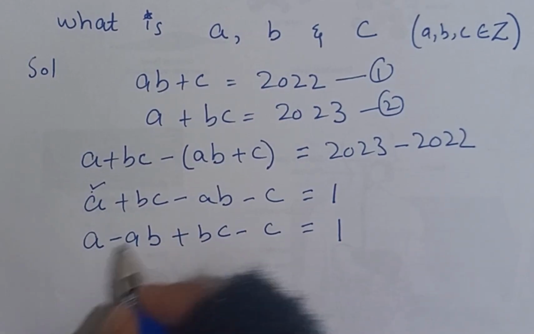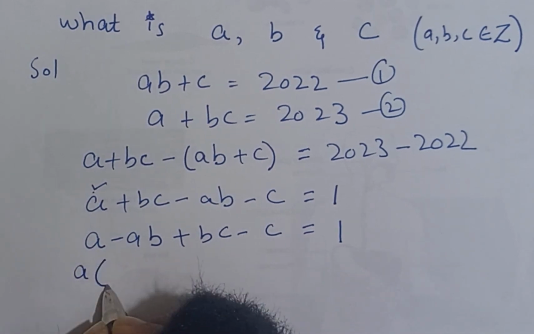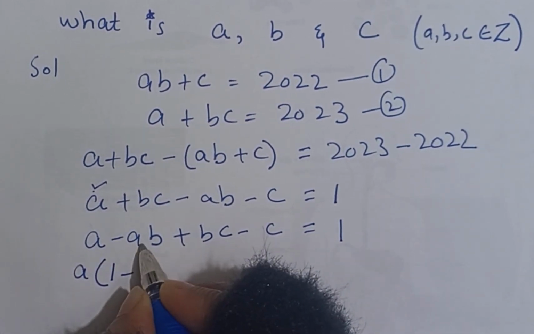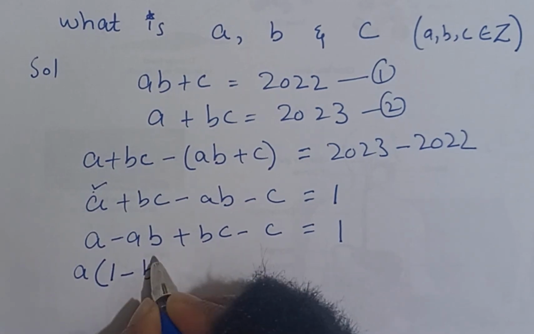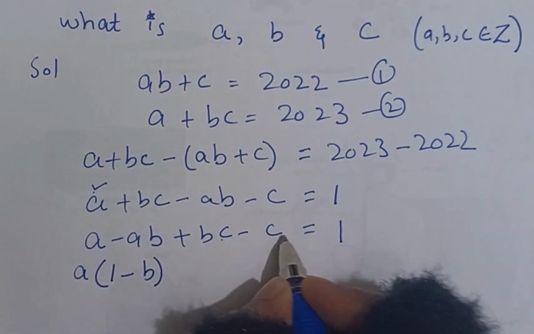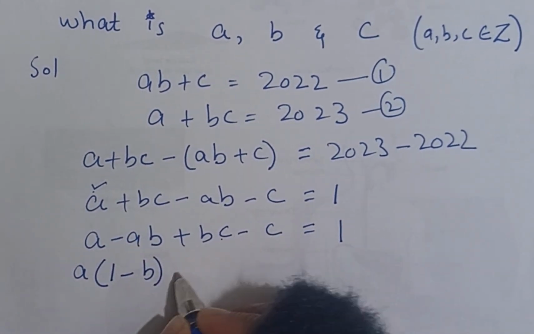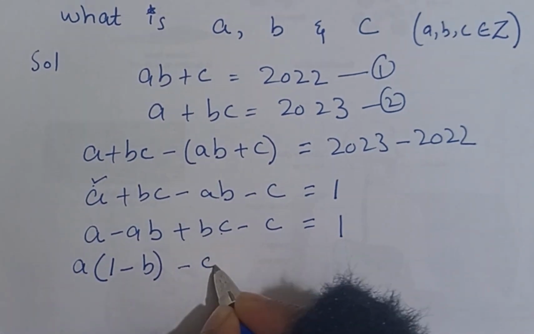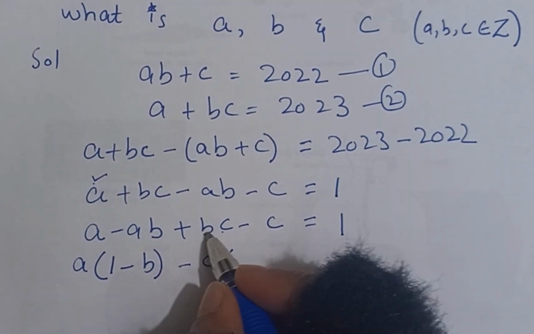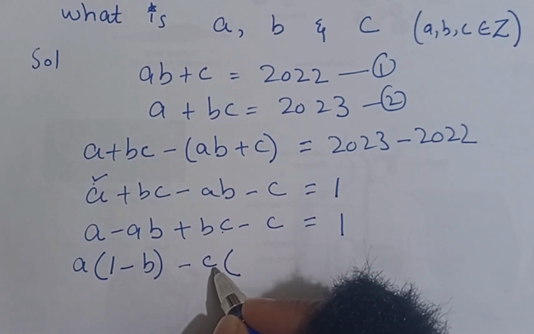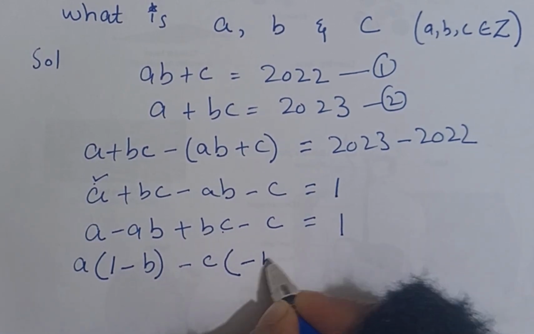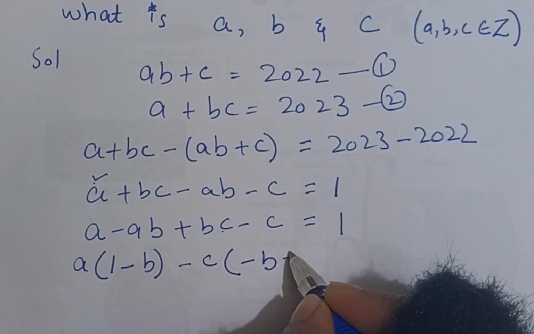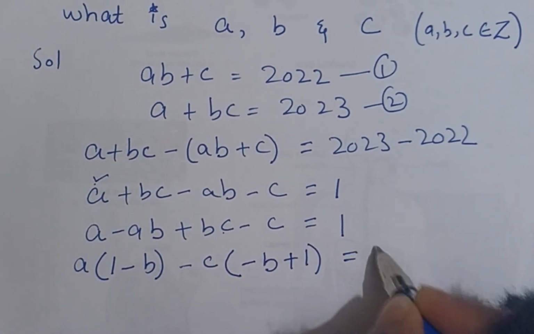So in these two terms we take a common A: dividing A by A, we get 1, minus dividing AB by A, we get B. In these two terms, C is involved, so we take minus C common: dividing BC by minus C, we get minus B, and dividing minus C by minus C, we get plus 1, is equal to 1.